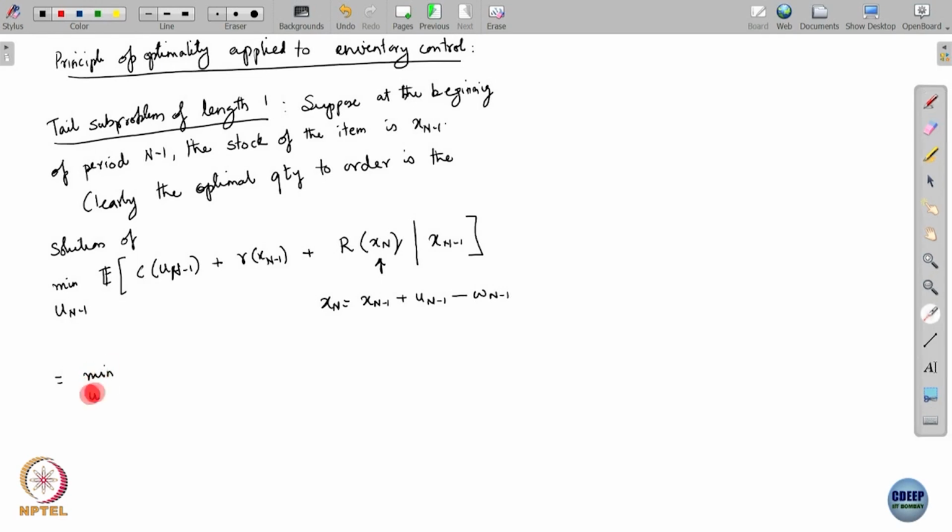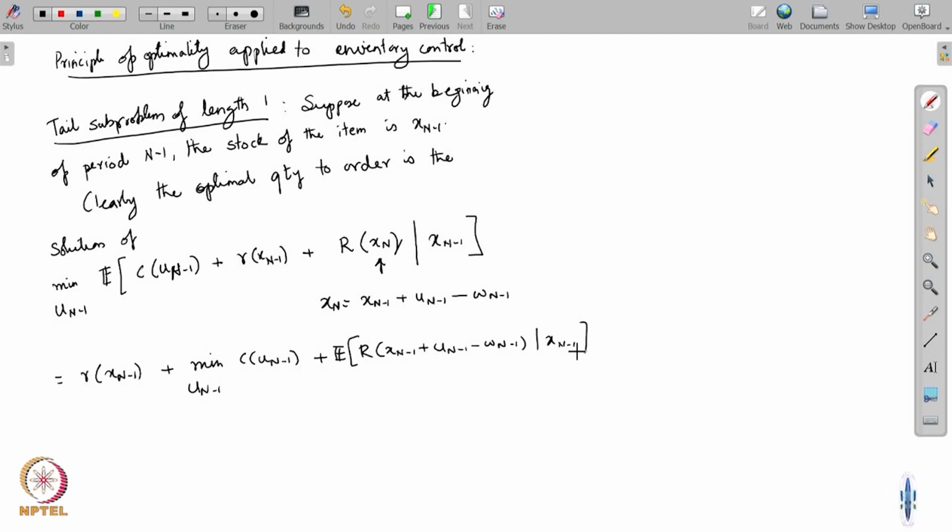Putting everything together, what we are looking at is minimizing r of x n minus 1 plus the minimum over u n minus 1 of c of u n minus 1 plus the expectation of capital R of x n minus 1 plus u n minus 1 minus w n minus 1, given x n minus 1.